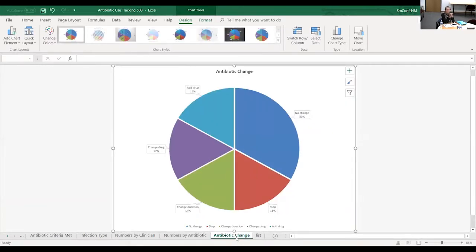And one of the most interesting charts we always did was to look at what kind of change was needed and were the recommendations accepted. And there were some groups that did not accept the recommendations ever, and this is only through collecting data that you can ever really convince people to change what they're doing or realize that they're outliers.